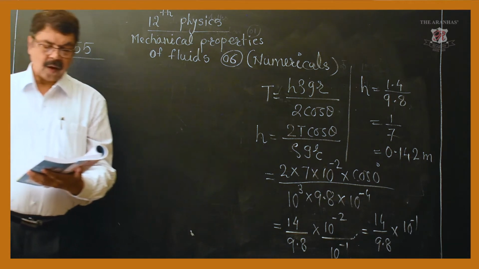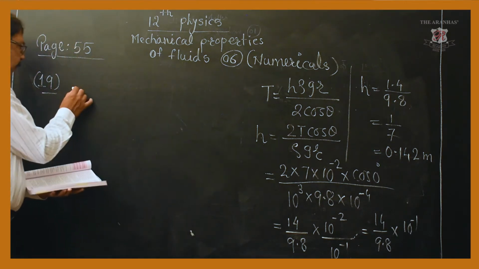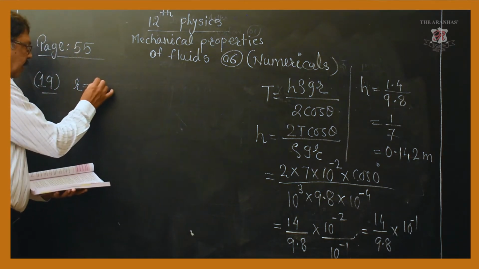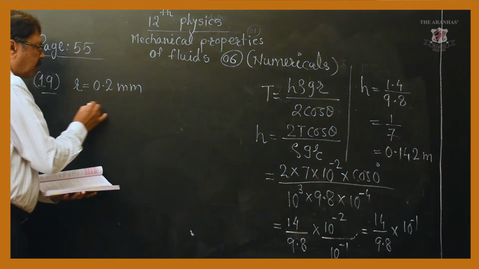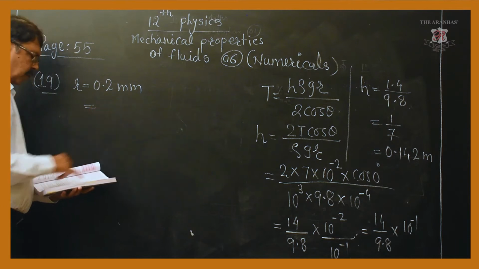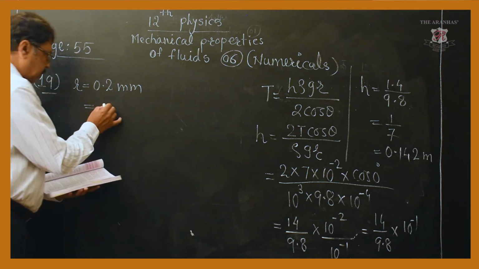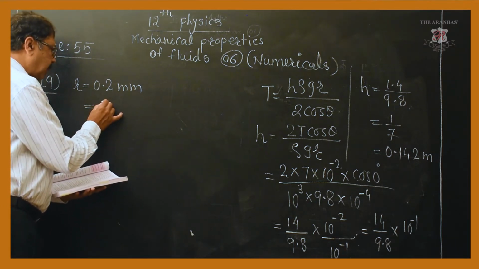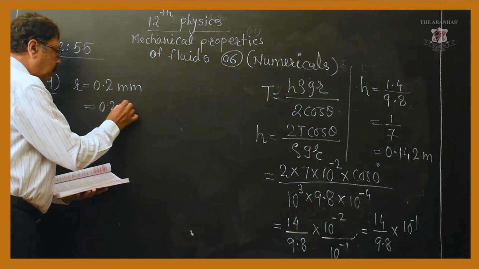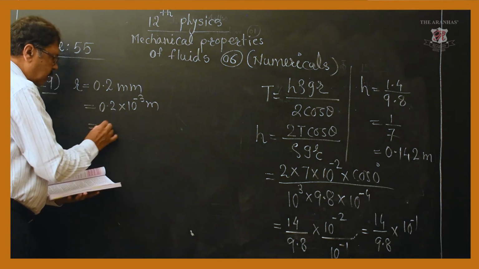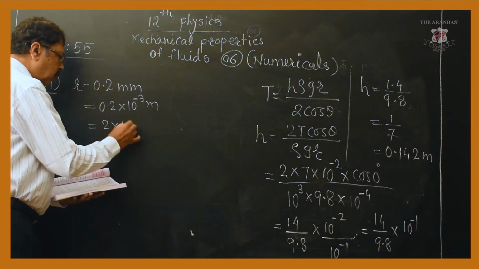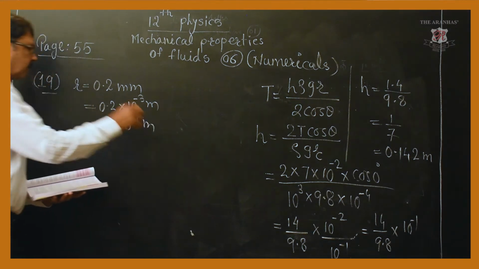An air bubble of radius 0.2 mm. The radius of the air bubble is 0.2 mm. Convert it to meter. What they have given? Surface tension is given in Newton per meter. 0.2 into 10 raised to minus 3 meter, that is 2 into 10 raised to minus 4 meter.